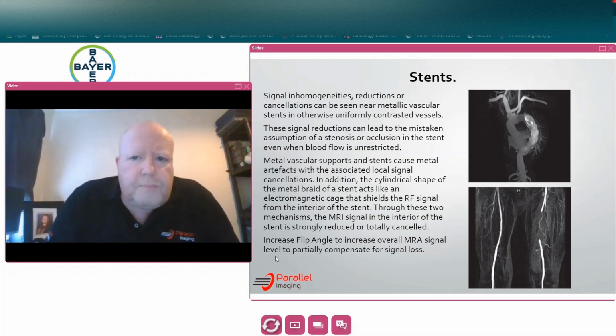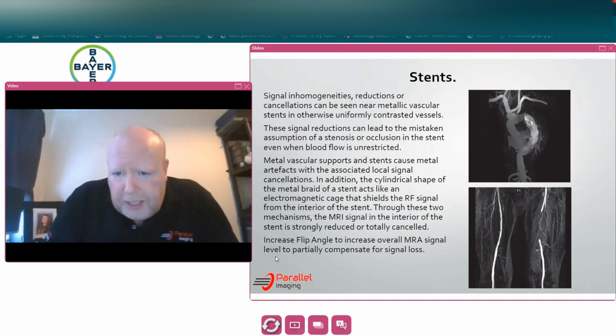And because it's metal, obviously, it will give us a susceptibility artifact, and therefore a signal reduction. And this signal reduction can lead to a mistaken assumption that there might be a stenosis or occlusion within the stent, even if the blood flow is unrestricted.